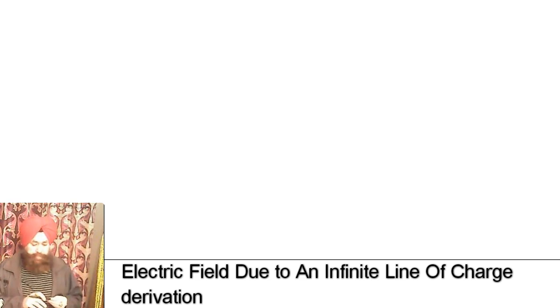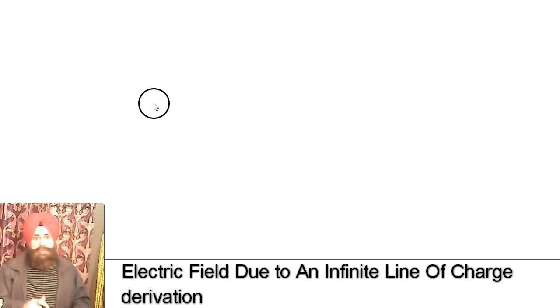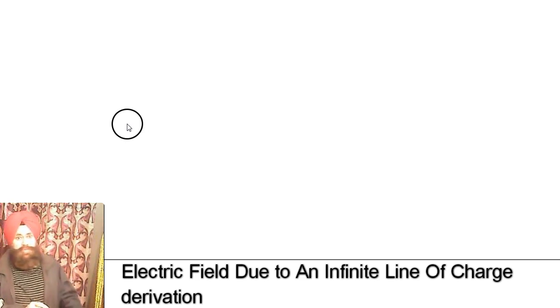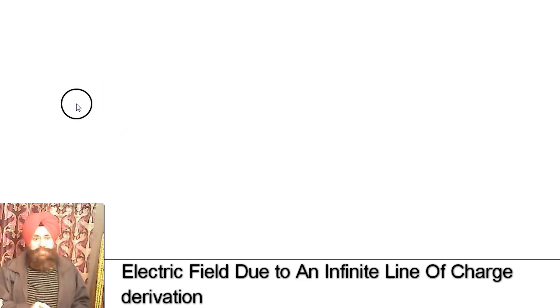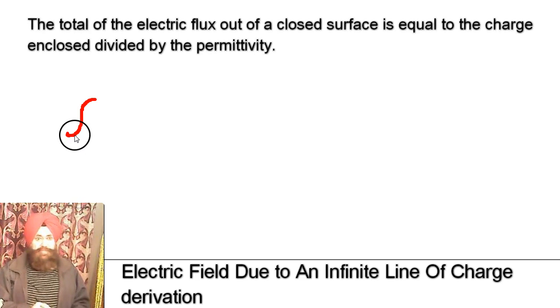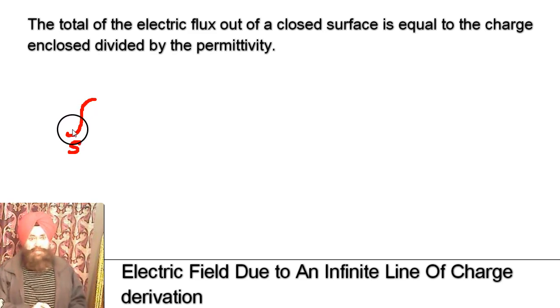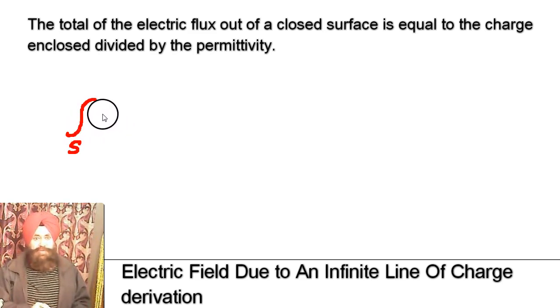Now, what is the Gauss theorem? Its statement is, the Gauss theorem states that the surface integral, like this is an integral, and I put it here S. S means surface integral of electrostatic field, like E vector.